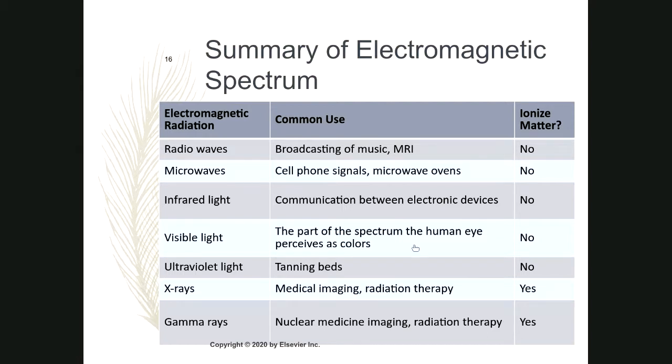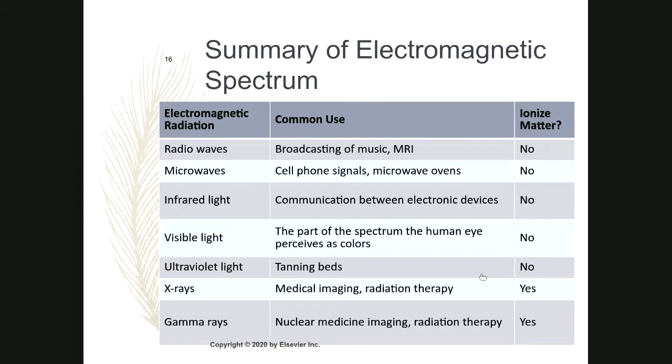Visible light allows us to see and perceive color, but no ability to ionize matter. Ultraviolet light, tanning beds are a source, but they do not ionize, but they are not necessarily safe either.